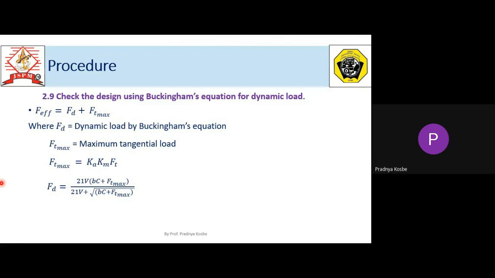For the load distribution factor, considering the face width of the gear is up to 50 mm and less rigid mounting with less accurate gears required, let us consider Km equal to 1.6. Km is equal to 1.6 and K is equal to 1.